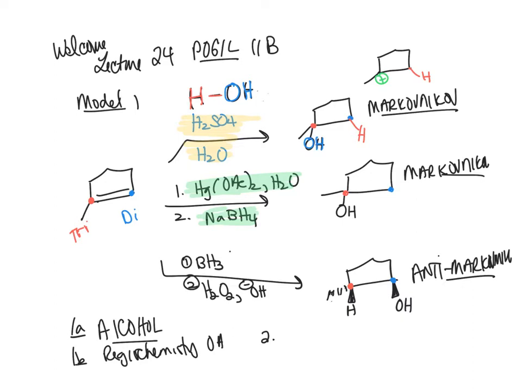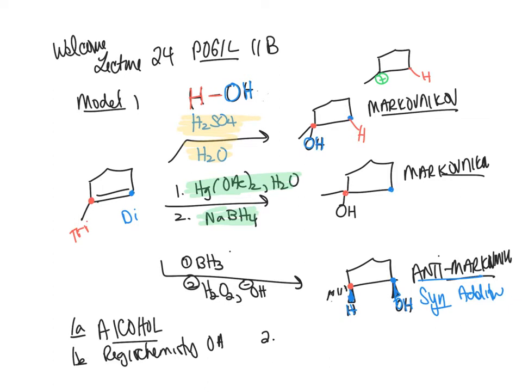Okay, so the only one that has any stereochemistry, as you see with the wedges and the dashes, is the last reaction, which is hydroboration-oxidation, and you see that the hydrogen and the OH add on the same face, so that would be syn addition. Okay, so that's the same side.